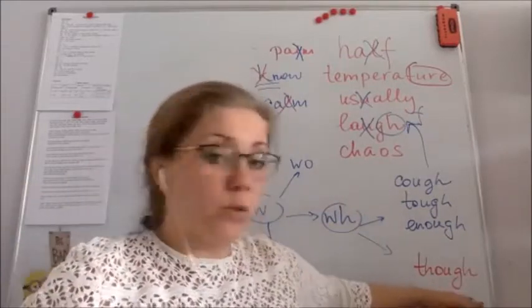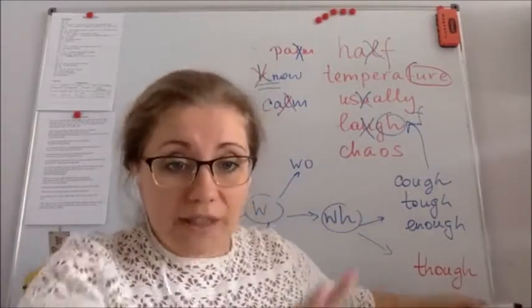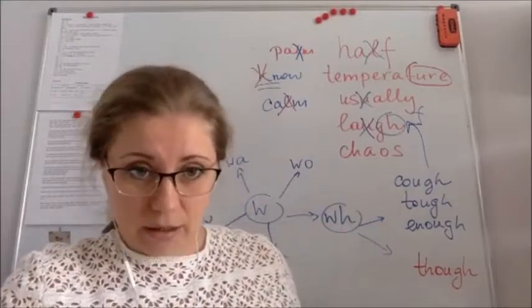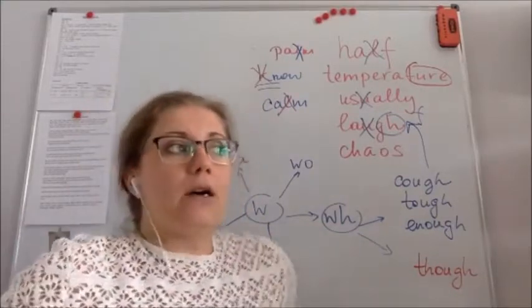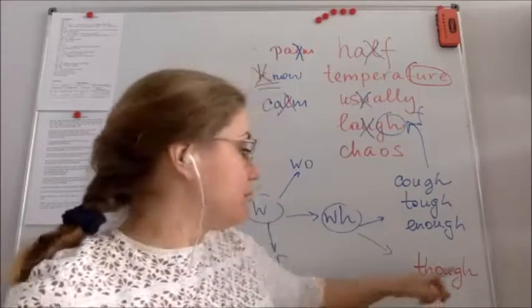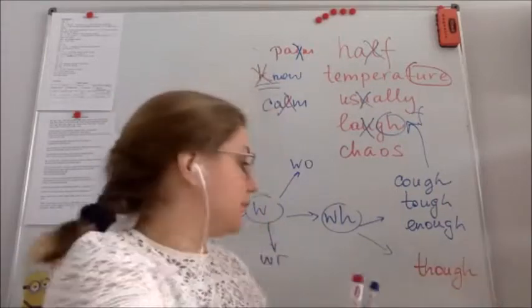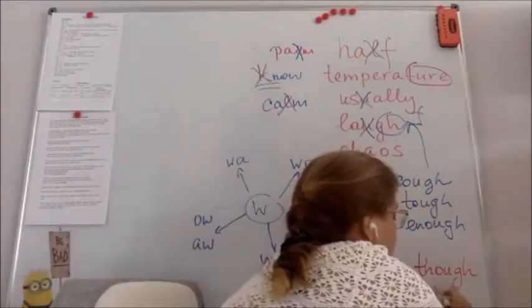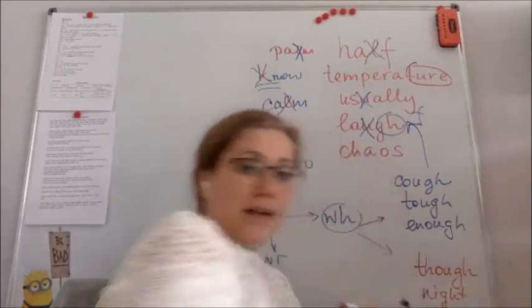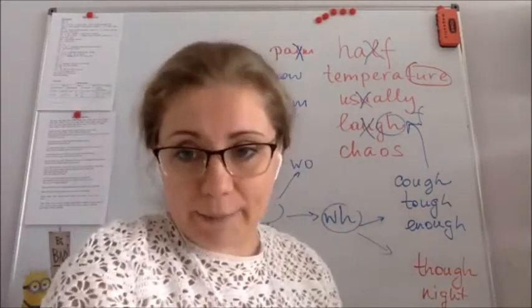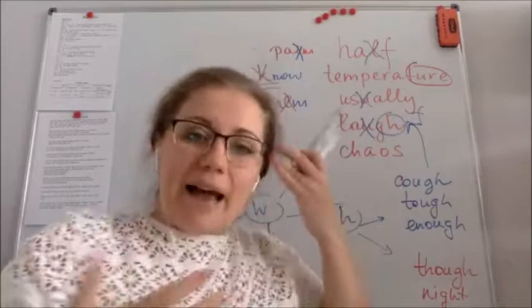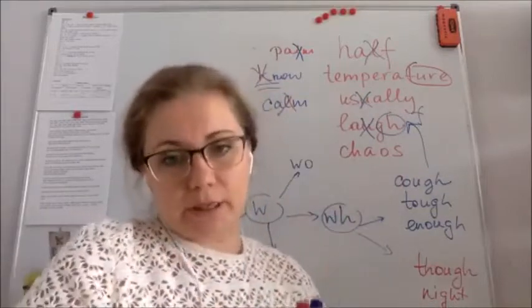Because here it will be O without any consonant. And it's not unusual for this GH, because, for example, if you remember night, it is also silent there. So it happens with this particular letter combination.